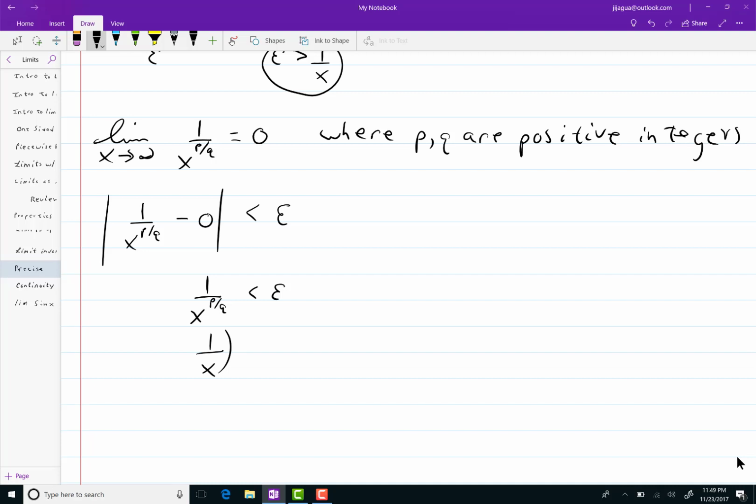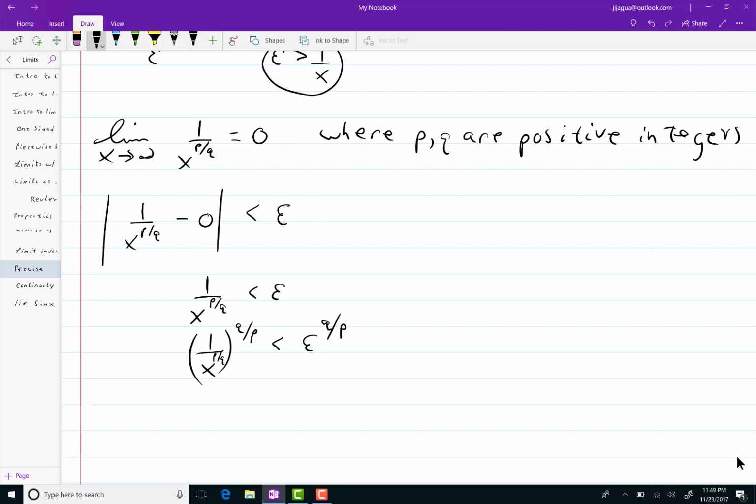So what I would probably do next is take both of these to the q over p power. Now, is this a valid statement? I mean, does that inequality stay the same, or does it change? Well, the fact is it does stay the same.